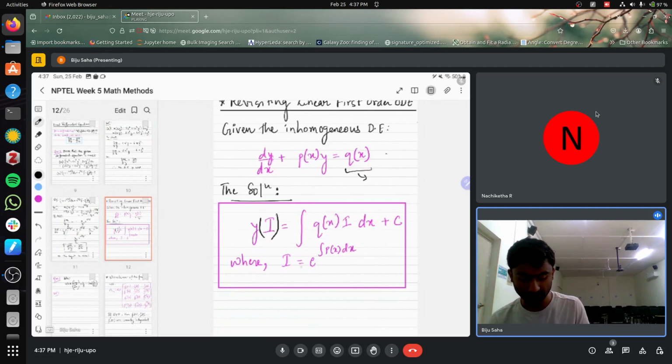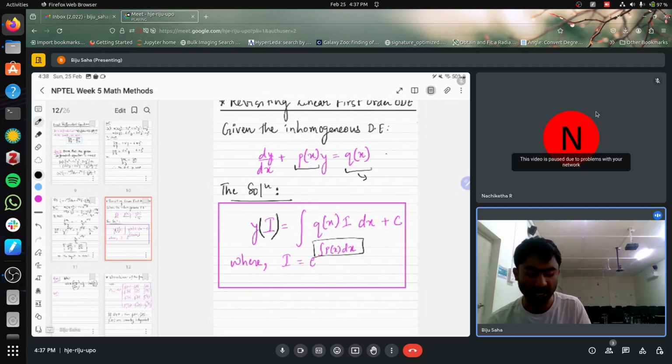The integrating factor is equal to the exponential raised to the power of the integration of P(x) dx. The term which occurs here, we integrate it with respect to dx, and that is kept in the power of the exponential. I have represented it with I. So y into I is equal to the integration of Q(x) I dx plus some constant of integration.